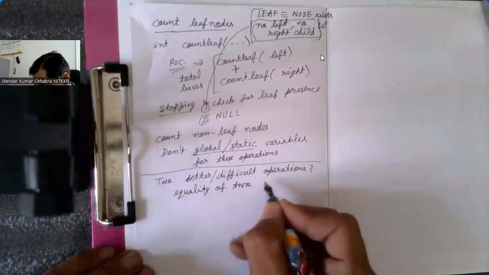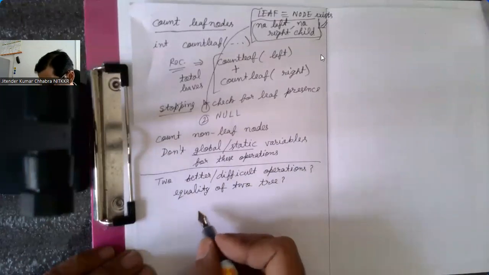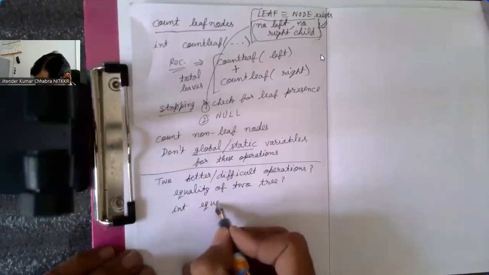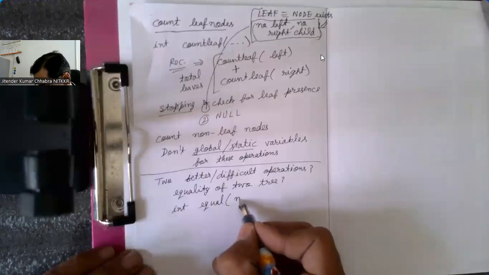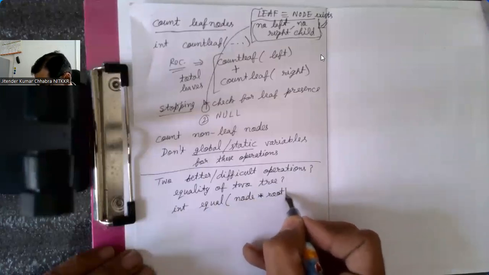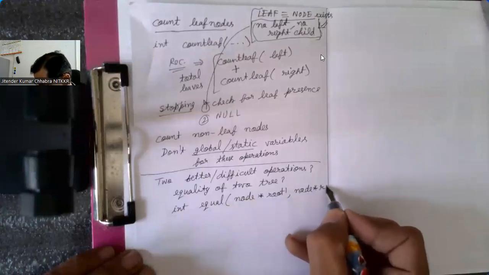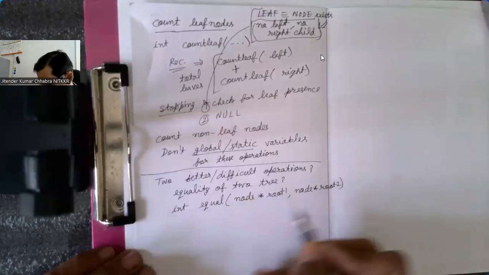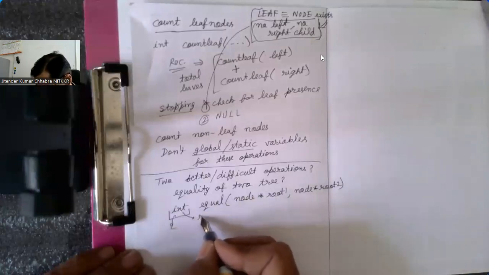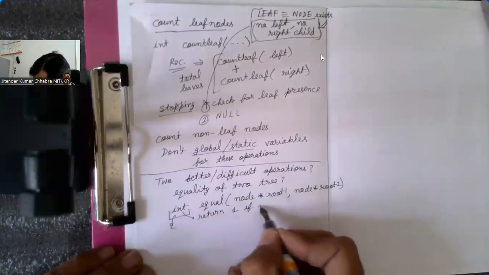You have two trees existing. You want to check whether they are equal or not. So that obviously means I will have an equal function which will be supplied two parameters. One is root 1. Another will be obviously root 2. And now you have to tell whether both trees are equal or not. Return 1 if equal and 0 if not equal.